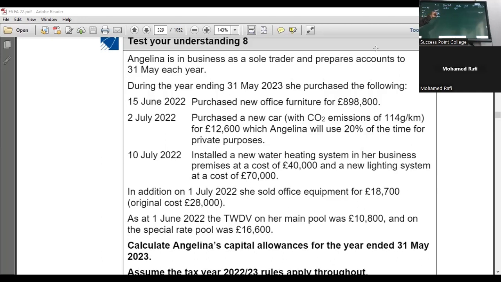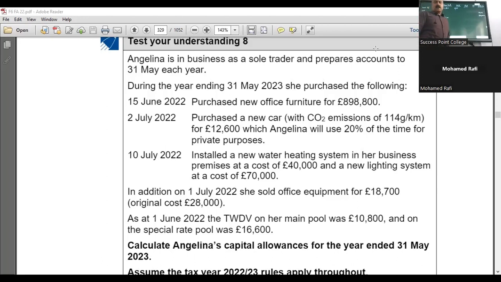Out of 1 million, we have already claimed 110,000. So we are left with 890,000. So maximum AIA we can claim is 890,000. First write AIA 890,000 we claimed. Remaining value is 8,800. It will be added into main pool. Right? So the remaining value will be added into main pool.